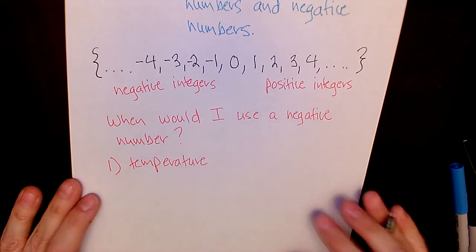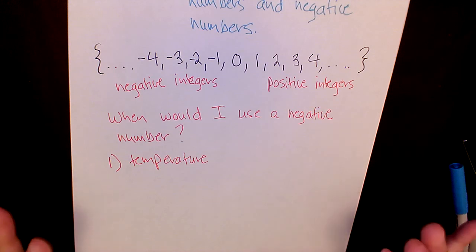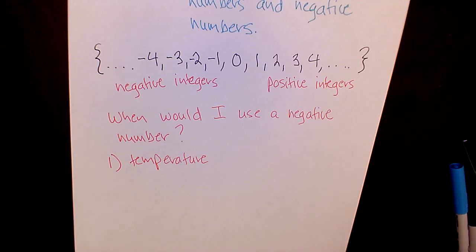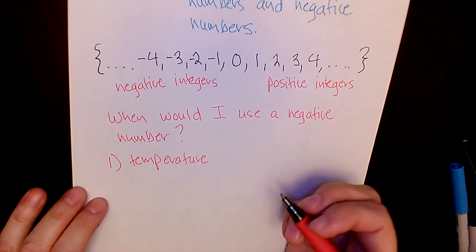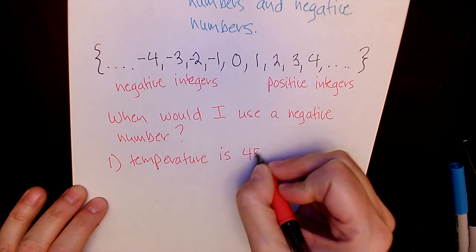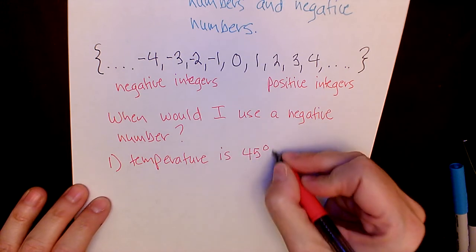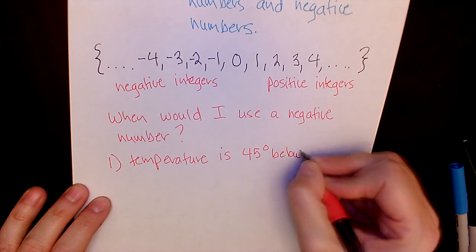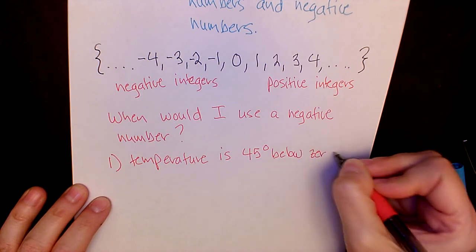Let's say it's going to get cold out pretty soon, not now, but a couple months from now, and let's say the temperature is 45 degrees below 0.